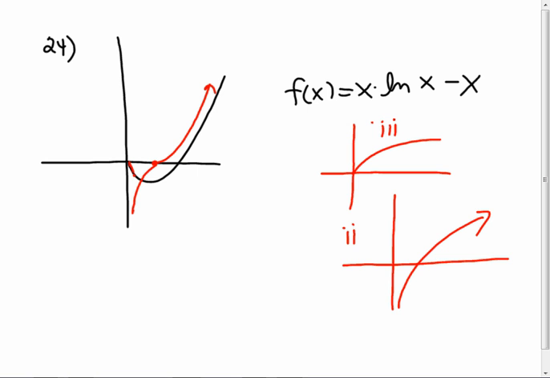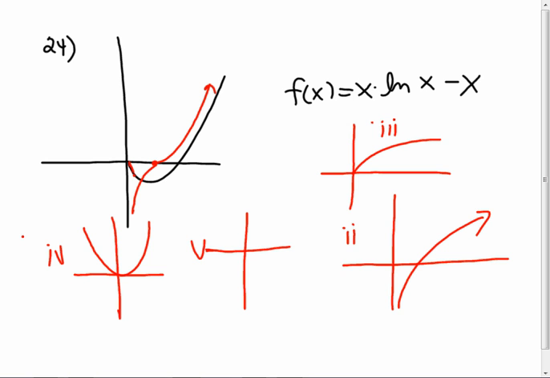Might be that. y equals x squared is 4. Doesn't look like that, does it? And 5 is y equals 3x minus 1. So 3x minus 1 looks like this, which is the best choice, 2.